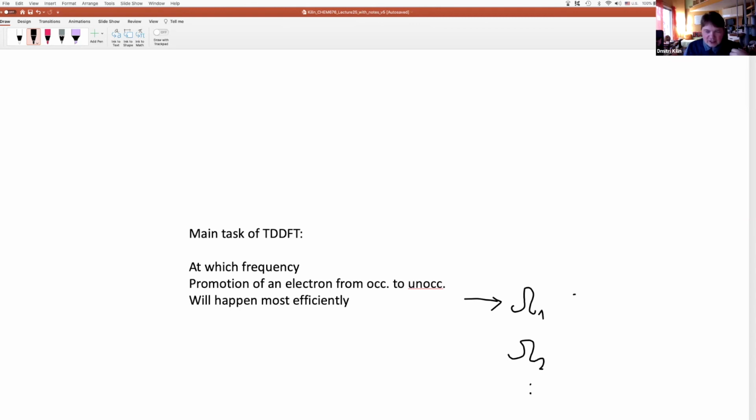We did address the same question in an approximate way in our file of oscillator strengths. We have first and second as orbital numbers, third is the oscillator strength, and column number 4 is the energy offset, energy of J minus energy of I, for pairs of orbitals.